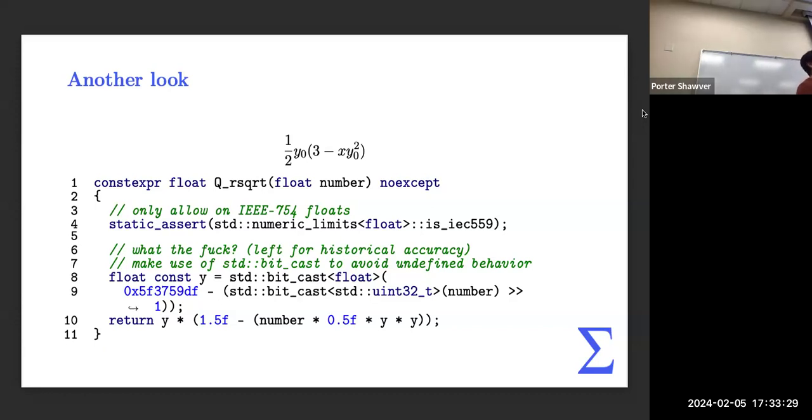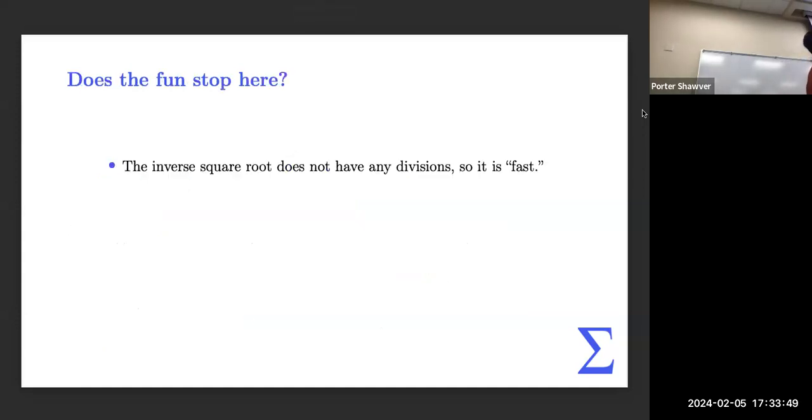If you want to take the inverse cube root of something, you'd have to divide by 3 instead of divide by 2. So you couldn't bit shift by 1 anymore. So it kind of defeats the point of trying to save on a division, but it could still be useful in a lot of cases. Anyway, yeah, so that doesn't have any divisions.